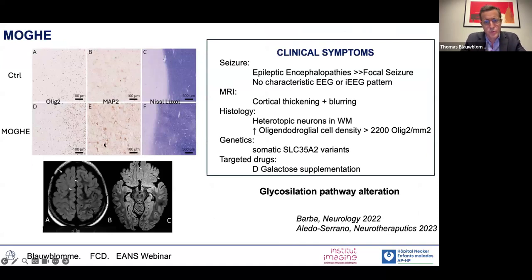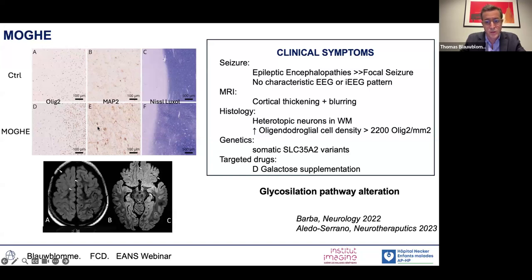Recently the MOG was extracted from the FCD type 1, because it's really characteristic. And there is something that is easier to define in this patient. If you look at the histology, you have here the OLIG2 immunostaining that displays an increased density of oligodendrocytes in this patient.